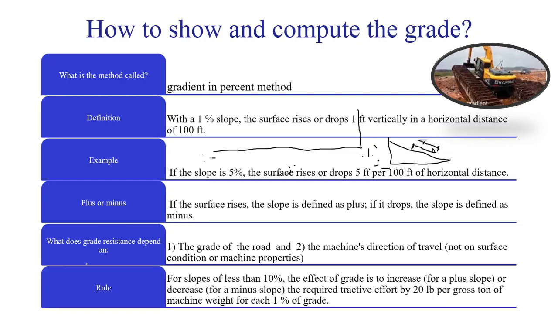All right, so what is the rule? For slopes less than 10%, the effect of grade is to increase, for a plus slope, or decrease, for a minus slope, the required tractive effort by 20 pounds per gross ton of machine weight, for every 1% of grade.